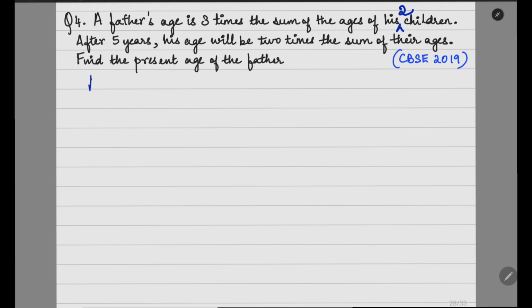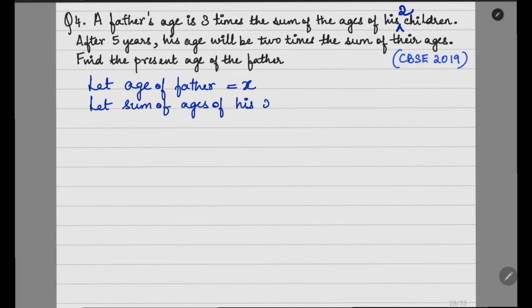So let the age of father be X. Okay, and let the sum of ages of his two children be equal to Y. Okay, according to the first sentence, what is it?